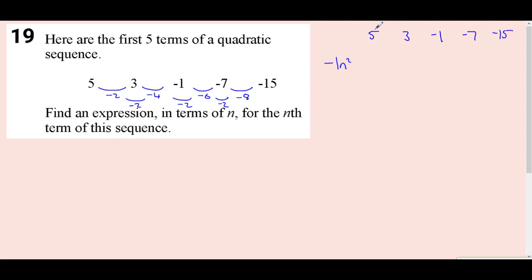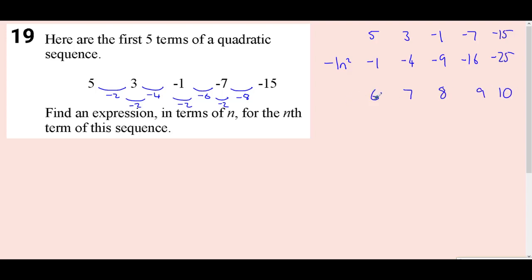So for the first term, negative 1 times 1 squared is going to be negative 1. Then we go negative 4, negative 9, negative 16, negative 25. Once we've taken that out, if we subtract the negative 1n squared from the sequence, we've got 6, 7, 8, 9, 10.